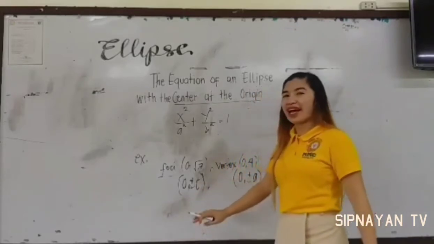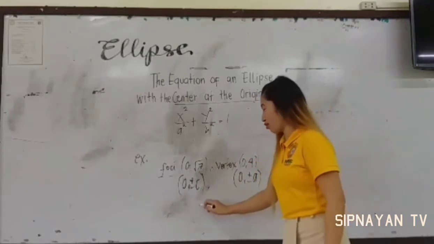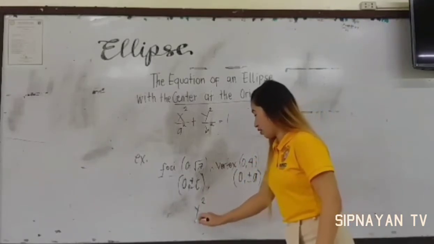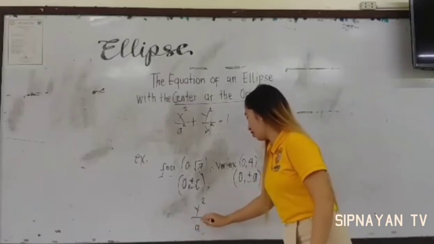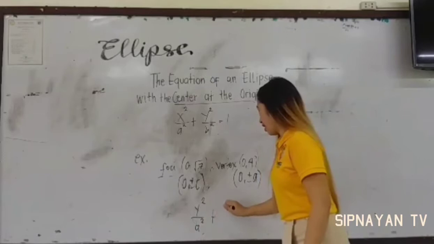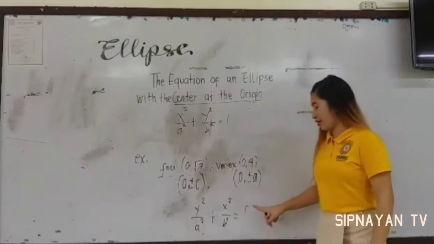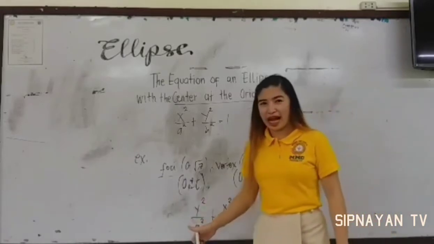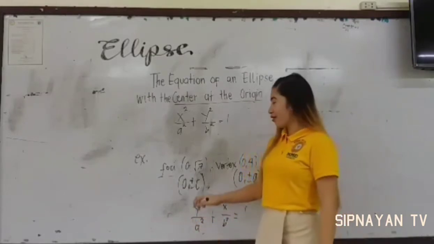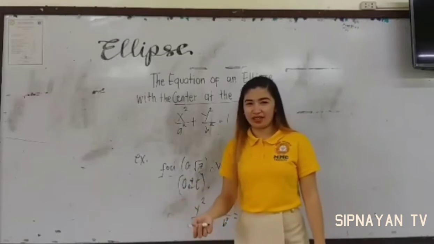Kung parallel to y-axis siya, ang gagawin natin yung standard form is y squared divided by a squared plus x squared divided by b squared is equal to 1. Okay? So, this equation ang hahanapin natin kahit ang given lang natin is foci and vertex.